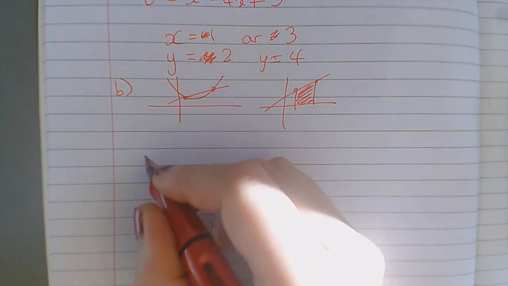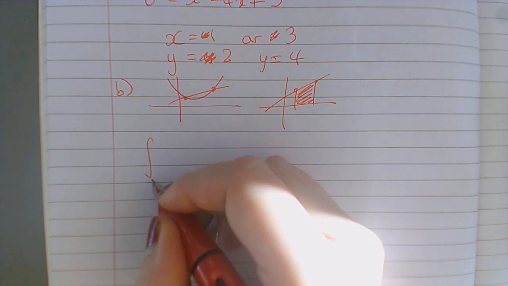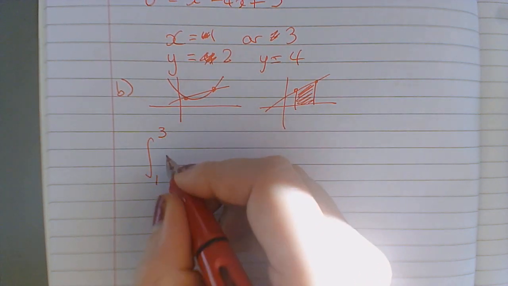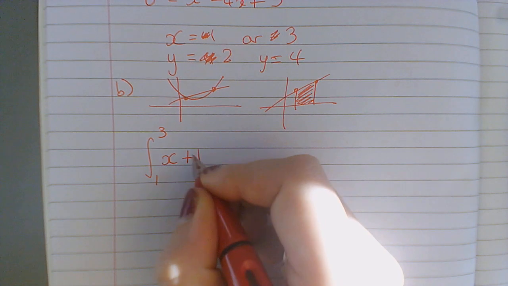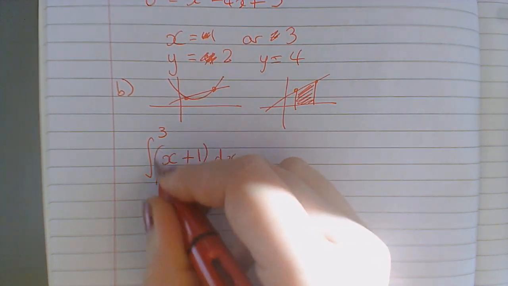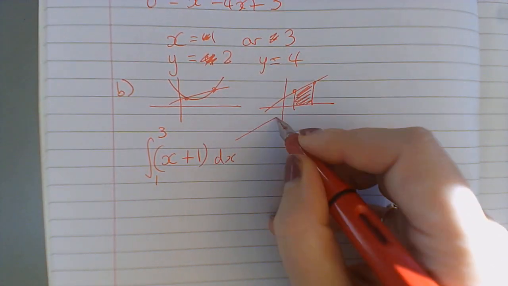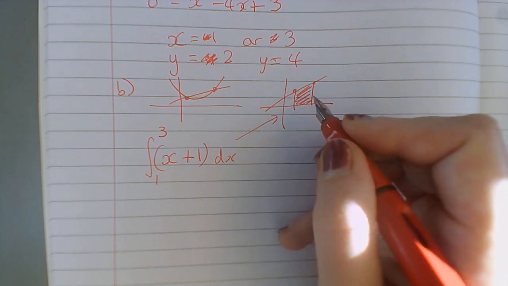So when I integrate between 1 and 3 for x plus 1 dx, that will give me that area. That's too much.